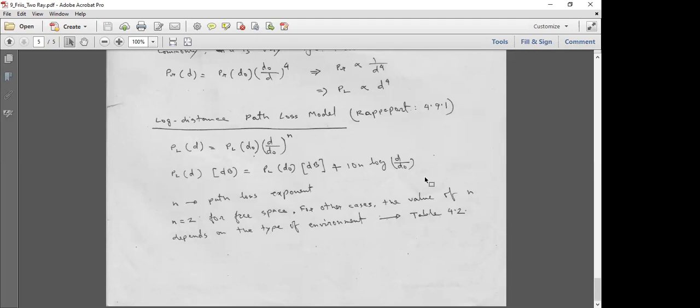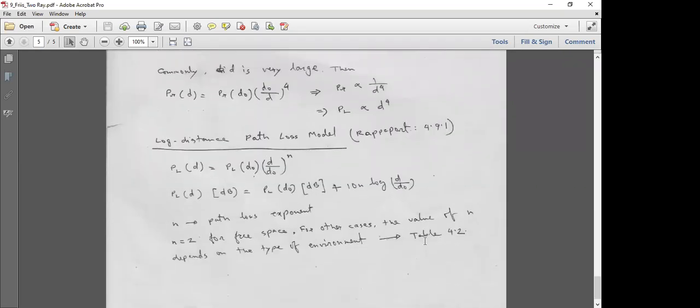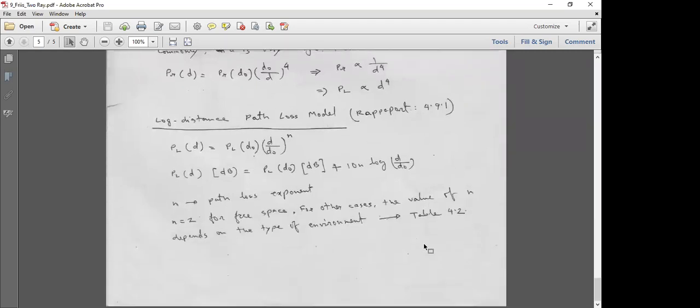There will be some statistically distributed variation you can consider, because these are probabilistic cases. Anyway, Table 4.2 tabulates the value of n for different types of environments, like some factory area, or a shopping complex. For different types of environments, the value of n is tabulated there.